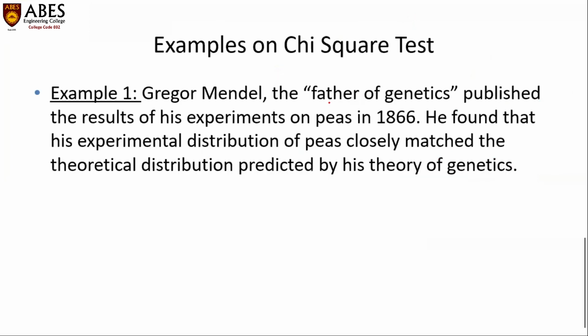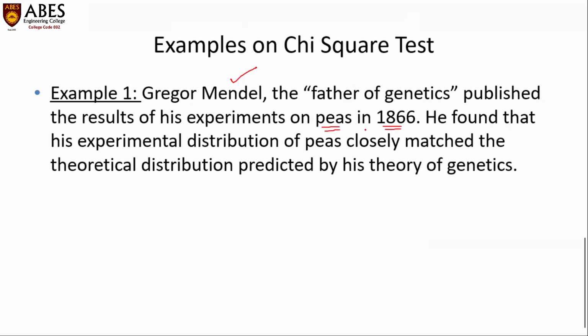All right, so next we move towards a few examples to have a better understanding of the chi-square test. As the first example, we are going to discuss an experiment performed by Gregor Mendel, who was also known as the father of genetics. He published the results of his experiment on peas in 1866.